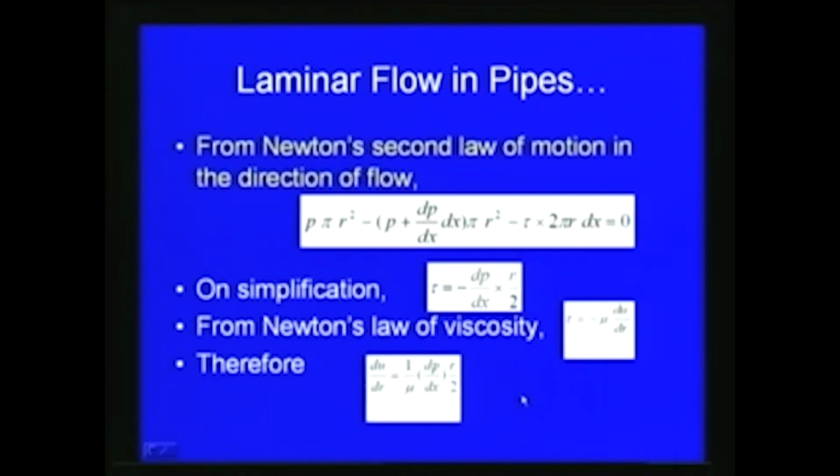So, here again we get the velocity gradient du by dr with respect to r.